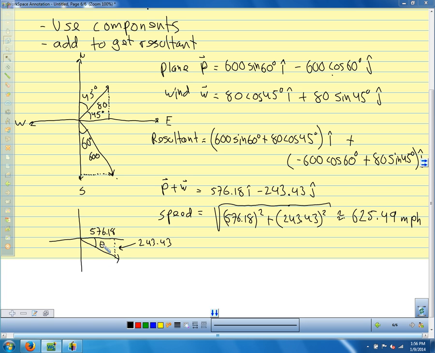How do we find this angle? Inverse tangent. The tangent of the angle is the opposite over the adjacent. So theta is the inverse tangent of 243.43 over 576.18. Plug that in my calculator, and my calculator says that this is 22.9 degrees. So this angle is 22.9 degrees.